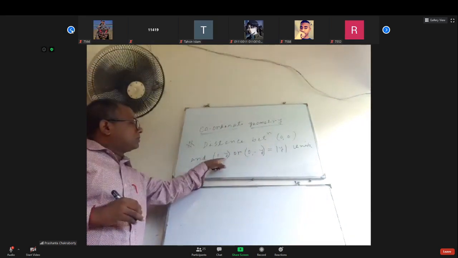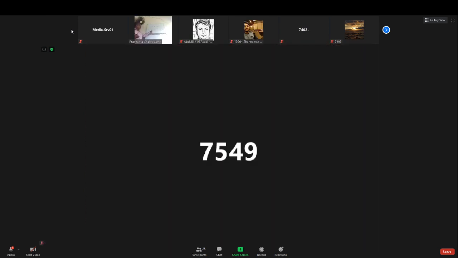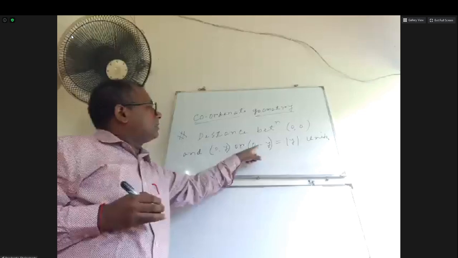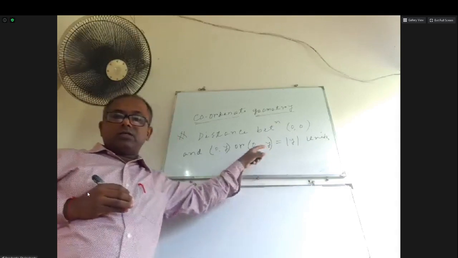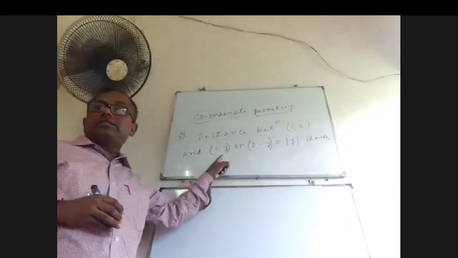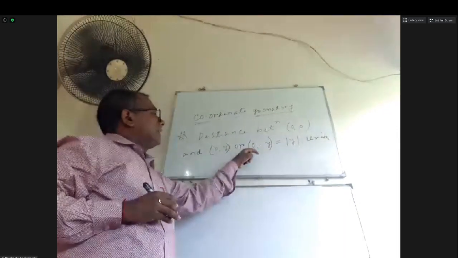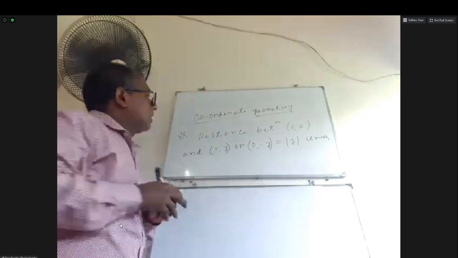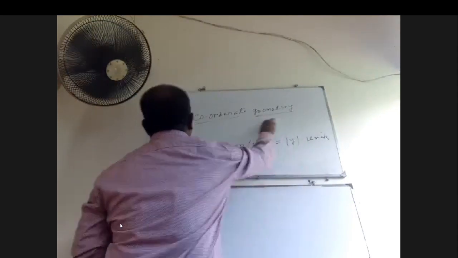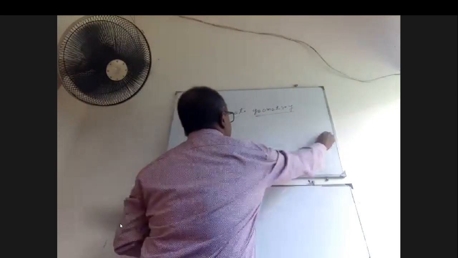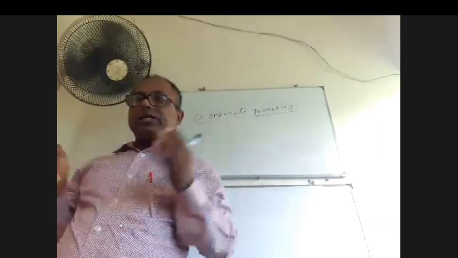The point (0, y) lies on the positive direction of y-axis if y is positive, and the point (0, minus y) lies on the negative direction of y-axis, because these 2 points lie on the y-axis, as the abscissas are 0. Students, we have learned how to determine the distance between 2 points in Cartesian coordinates.